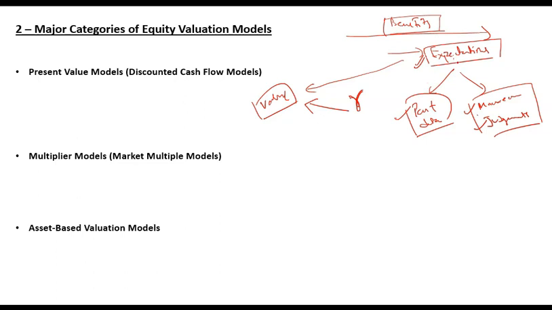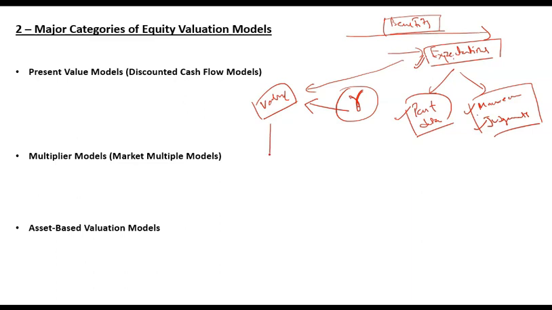And once you have expectations, then you will calculate the discount rate and discount future benefits to present, and that will give you the value. This is how the whole financial model works. These are the key pillars of a financial model: expectations, assumptions, past data, benefit, discount rate, and then value.